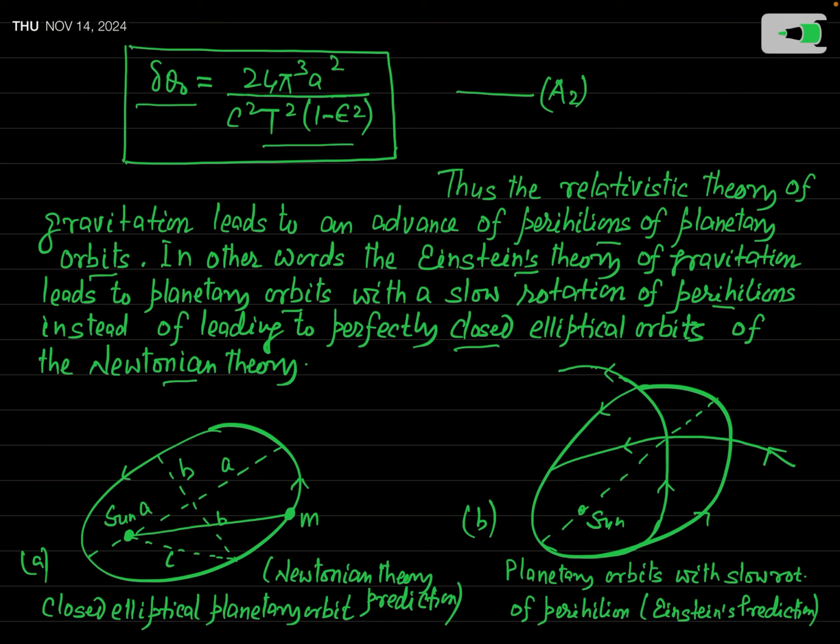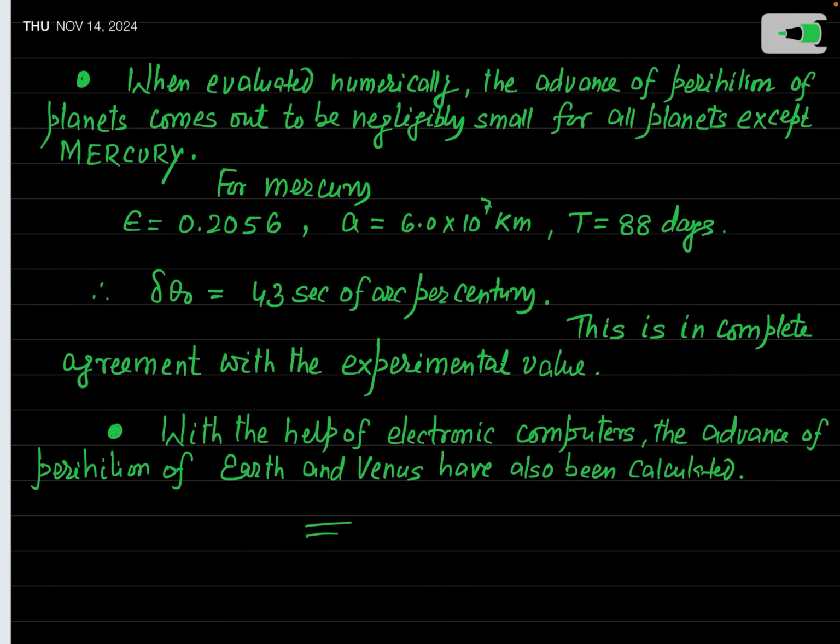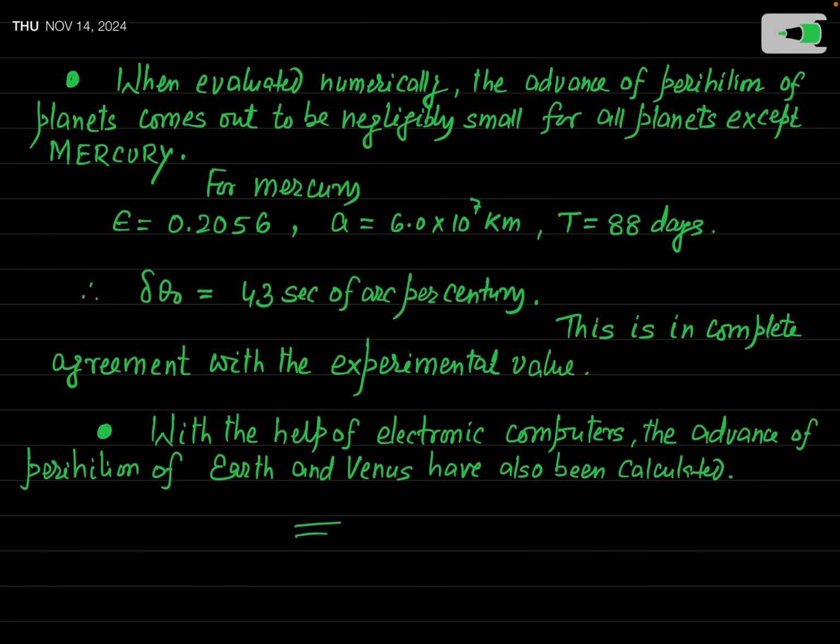Now, utilizing this formula A2 or A1, you can find the advance in perihelion of a planet after each revolution. But it is seen that when the value of delta theta naught is calculated numerically, except for Mercury, the value for other planets is negligibly small.